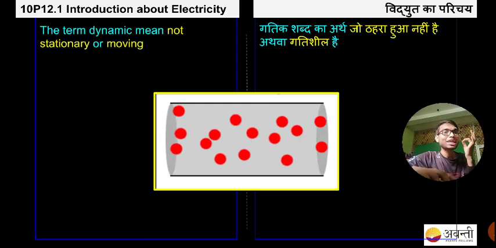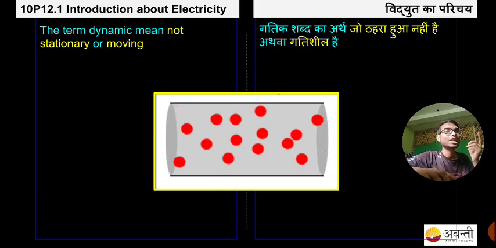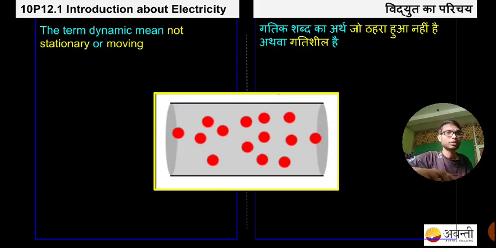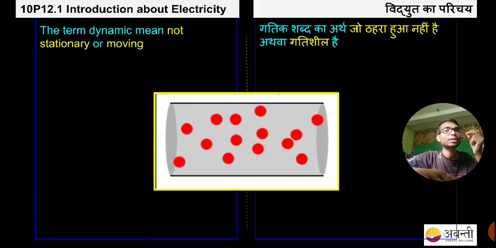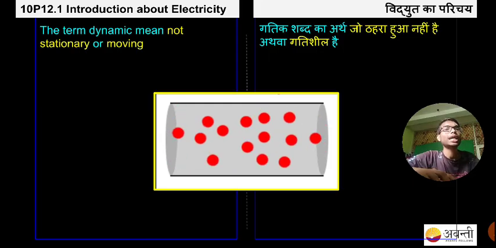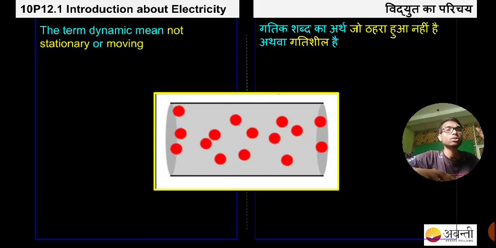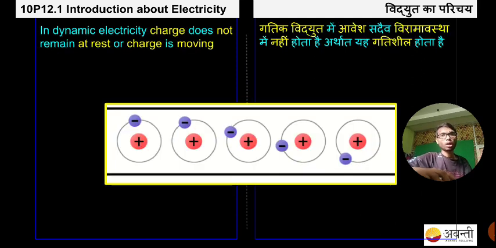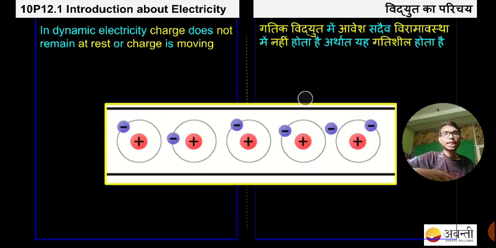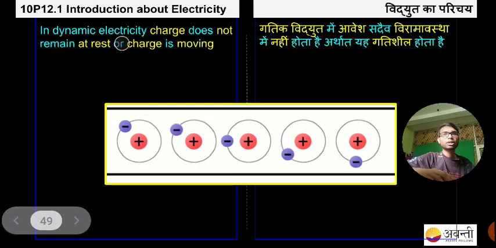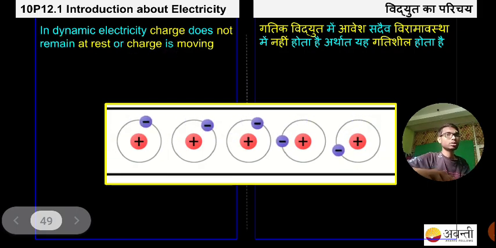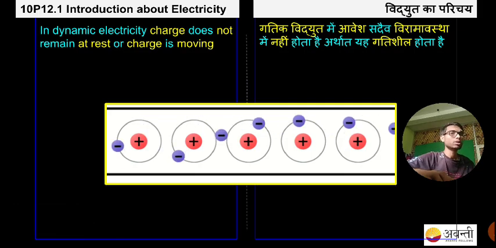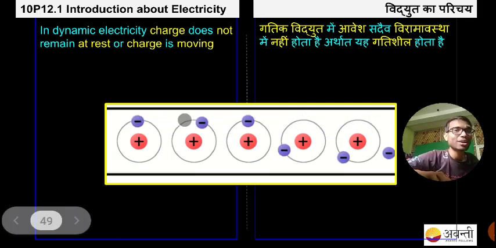Whenever you say dynamic electric charges, you are saying that electrons are moving. In dynamic electricity, charge does not remain at rest; charge is moving. All these charges are moving.